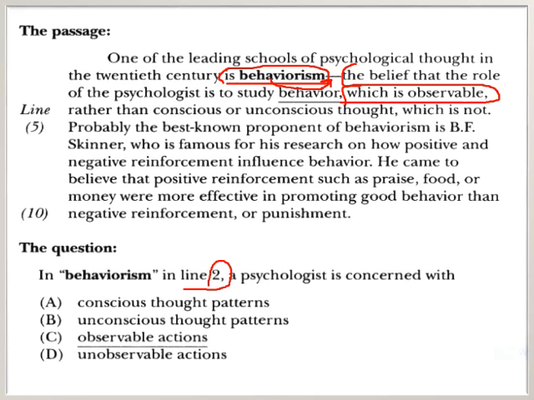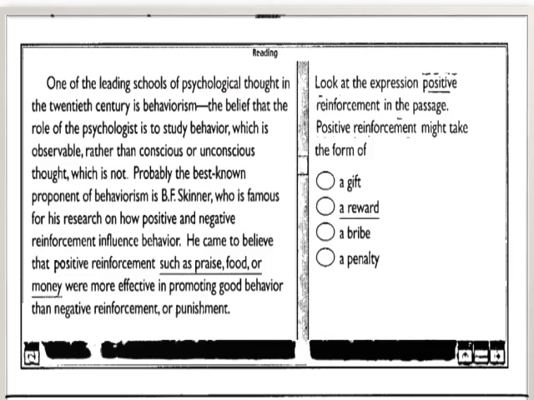So from here we can say that in behaviorism the psychologist is concerned with observable actions. So after behaviorism, everything that may help us is found. So this is how we can answer the question.